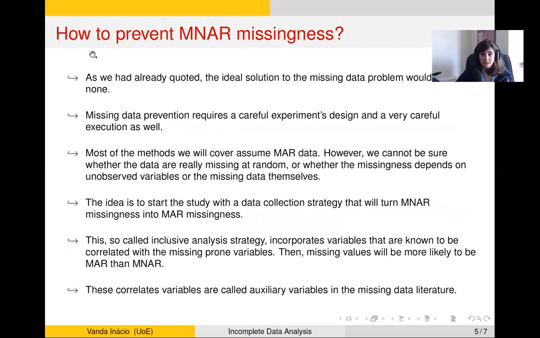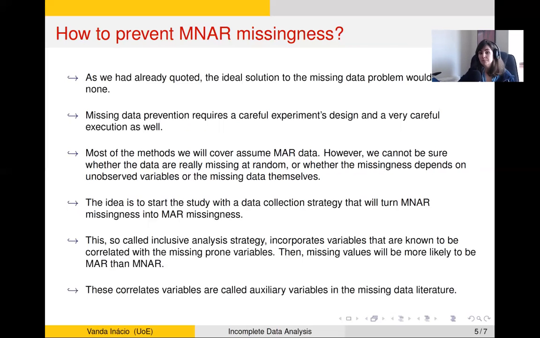And now let's move to a somewhat related topic: how can we prevent MNAR missingness? As we have seen last week, we had a quotation that says that the ideal solution to the missing data problem would be not to have any missing data, and that missing data prevention requires a careful experiment design and a careful execution as well.